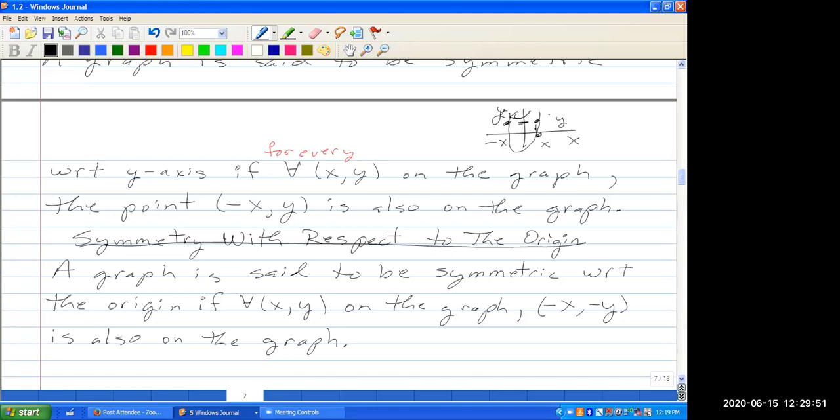You just flipped it on the other side. And so the distance from this point here is x, and from that point is also x. So it's symmetric about the y-axis. It looks the same on one side of the y-axis as compared to the other side of the y-axis.